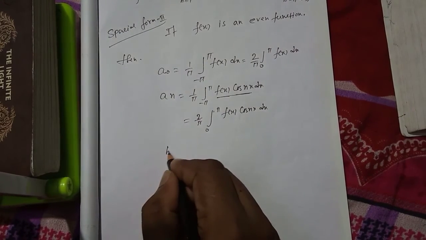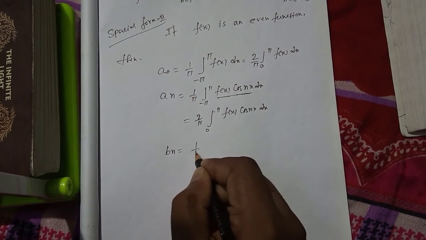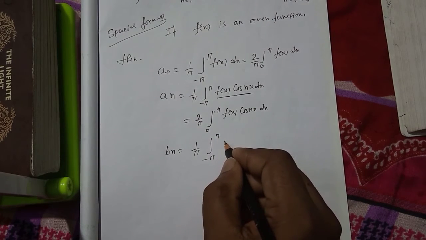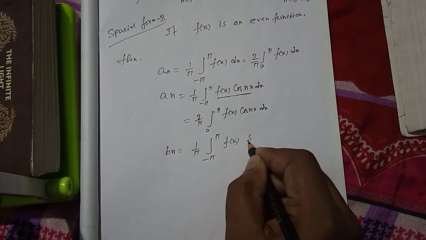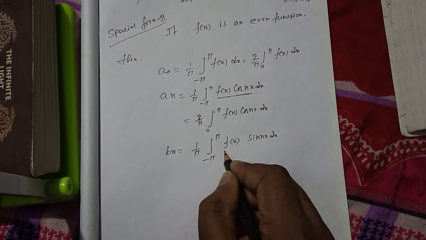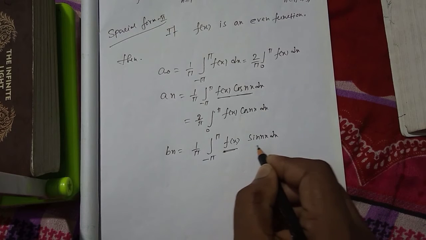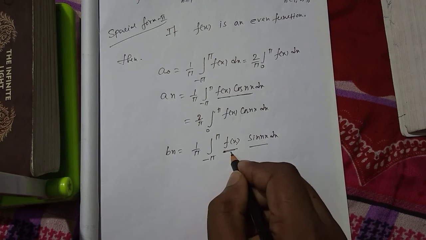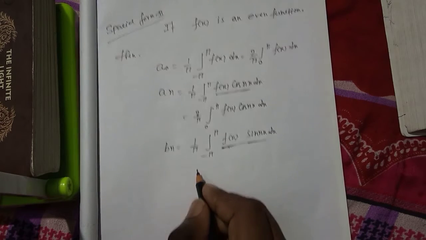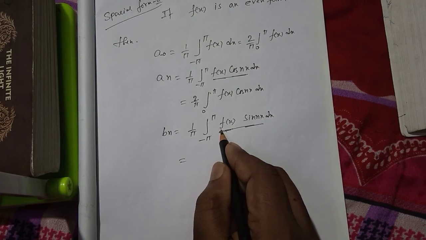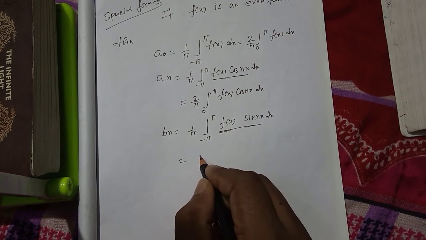And bn is equal to 1 by pi integration minus pi to pi f(x) sin of nx dx. As f(x) is an even function and sin x is an odd function, their product is an odd function. Therefore, 1 by pi integration minus pi to pi, this is equal to 0.